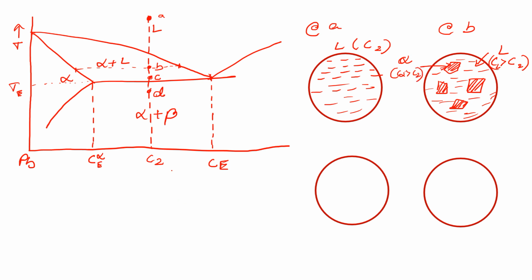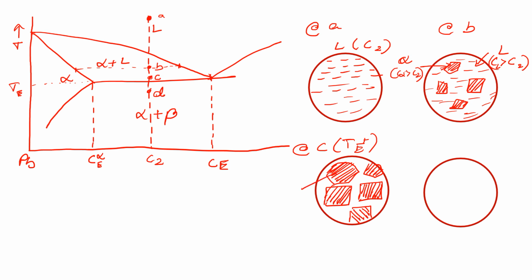Okay. And at point C, which is infinitesimally above the eutectic temperature, we'll be having very large grains, because the same crystallites that we had started precipitating out will act as seed crystals, and these same crystals will keep on growing, and 100% of growth will be achieved as we approach the eutectic temperature.